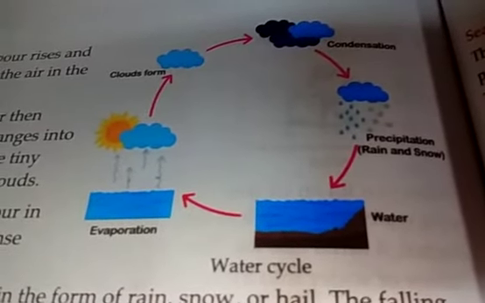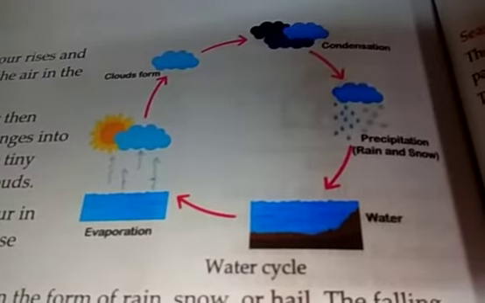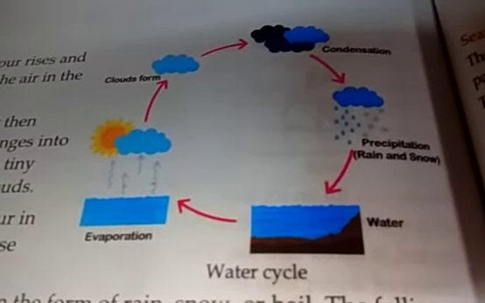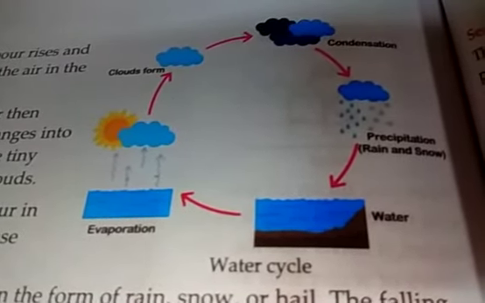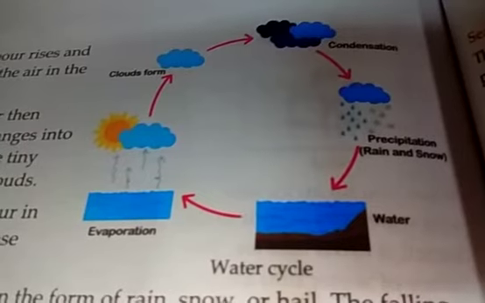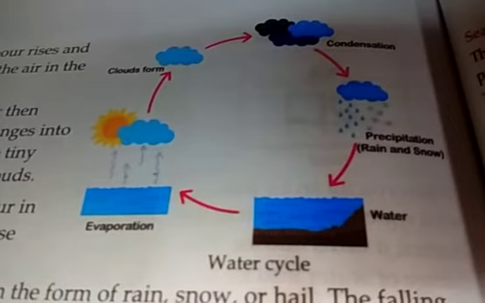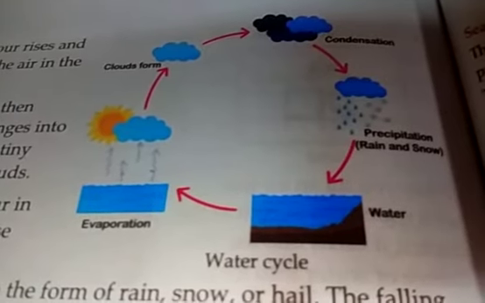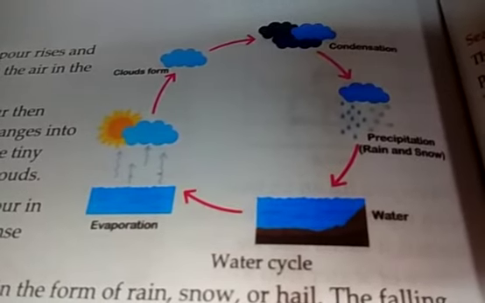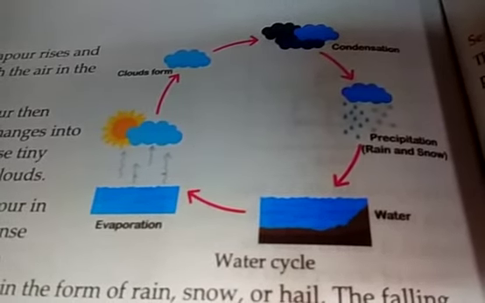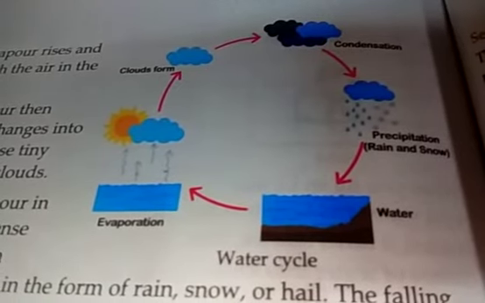When the water vapor in the clouds becomes dense and heavy, it falls on the surface of the earth in the form of rain, snow or hail. Hail is nothing but small pieces of ice. The falling of water on the earth in the form of rain, snow or hail is known as precipitation. Now the precipitated water gets collected in the oceans, lakes, rivers or under the ground.